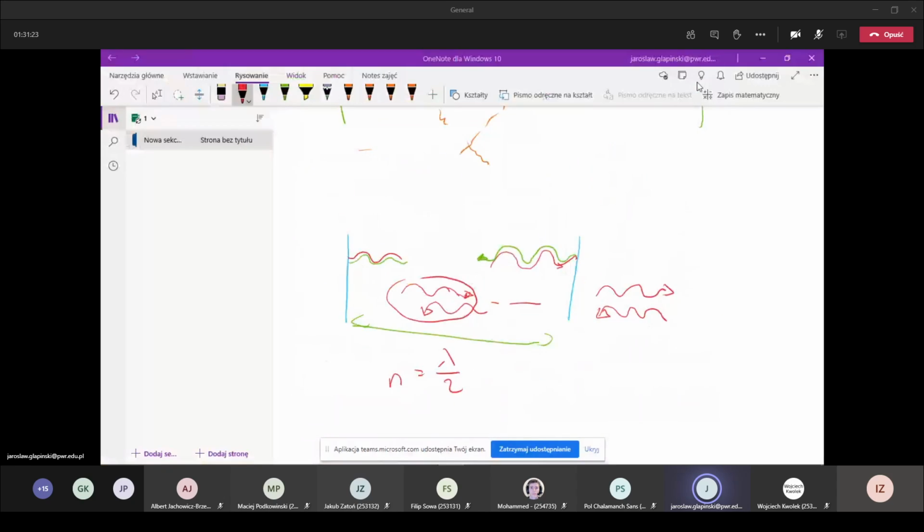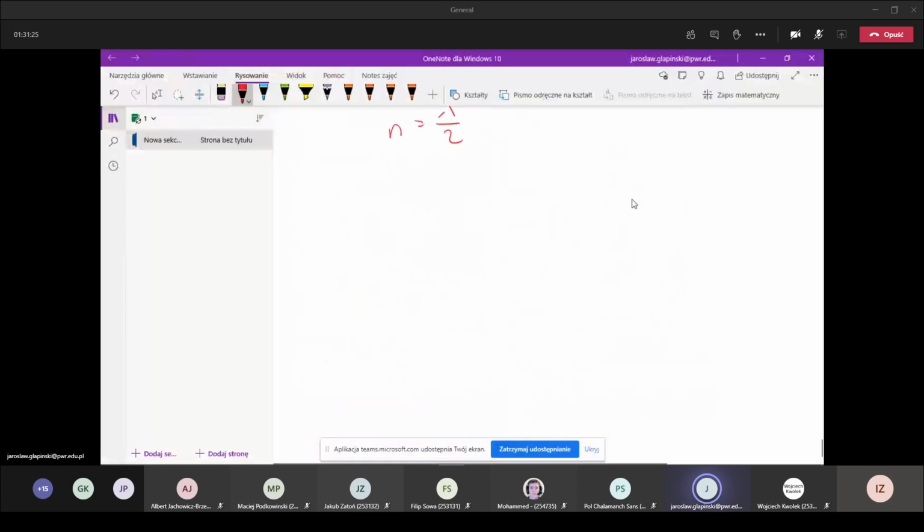Okay, so maybe we should explain what white is, because it's not easy. We have no white color in physics at all, because it's not a special wavelength. As I said at the beginning, we need a source, like the sun or something like this.